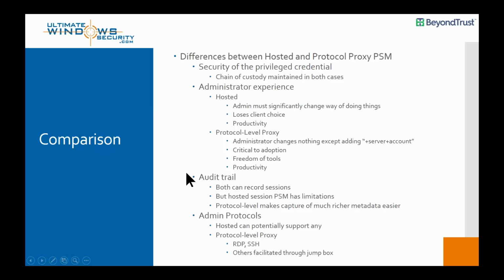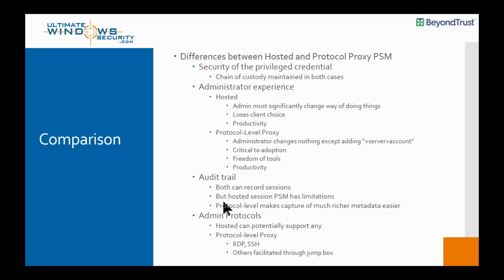Now, the other thing that we haven't talked about is that your audit trail can be very different depending on whether you're using hosted PSM or a protocol proxy PSM. Martin, I think you can do a better job explaining that than me, or maybe I'll come back and add some stuff.